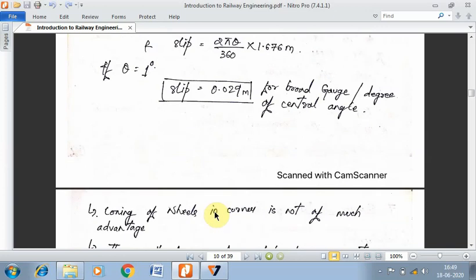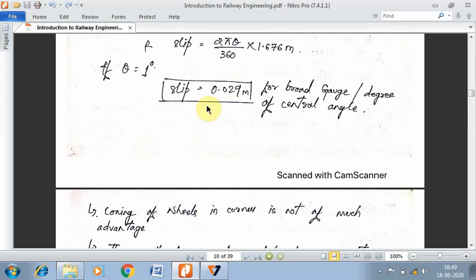So this is the indication that even if you are trying to provide coning in the wheels, there will be some amount of slip taking place, even though the vehicle is being pulled back because of coning, since it is having a lot of lateral thrust because of the angle that is being provided to design a curve.